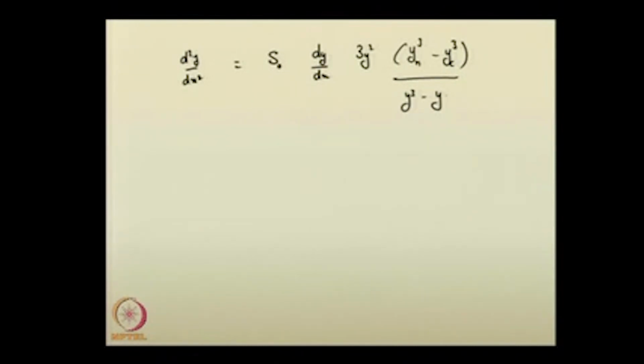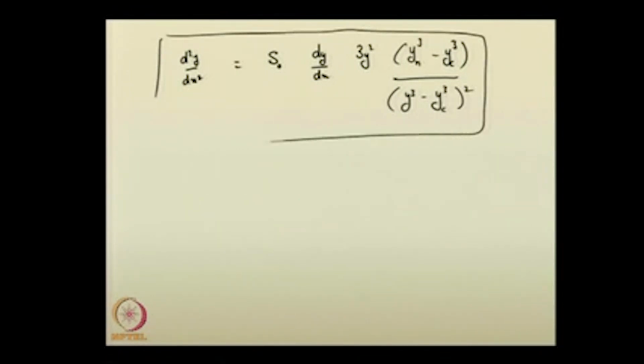So, d squared y by dx squared, as given in Professor Srivastava's book, is equal to S0 into dy by dx, times 3 times y squared into (yn cubed, that is normal depth, minus yc cubed, critical depth), divided by (y cubed minus yc cubed) the whole quantity squared.